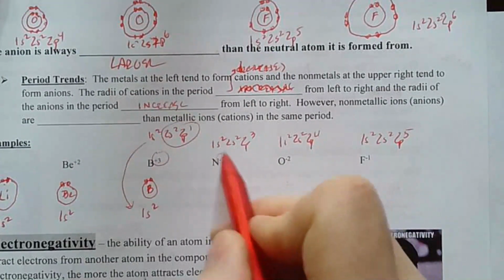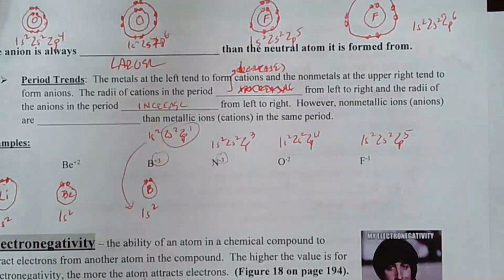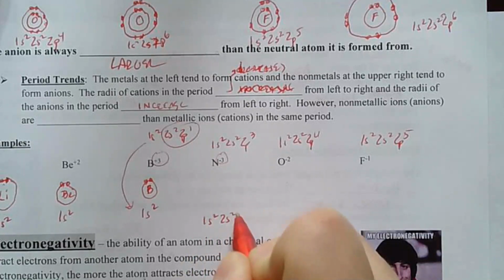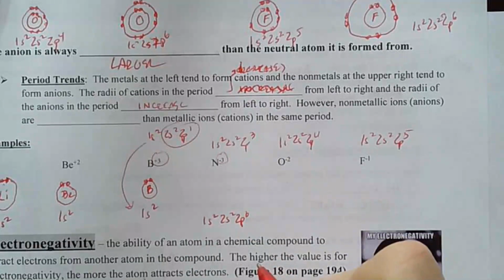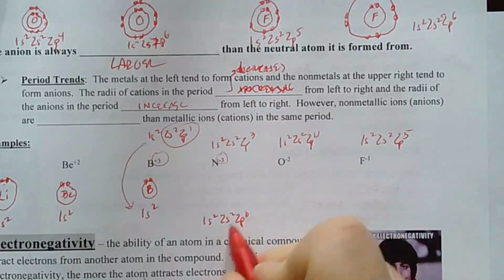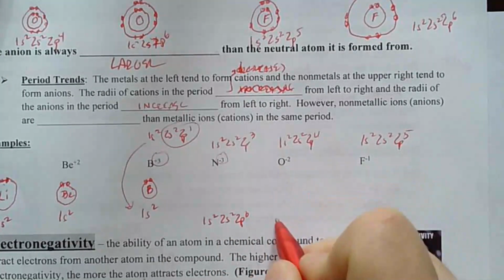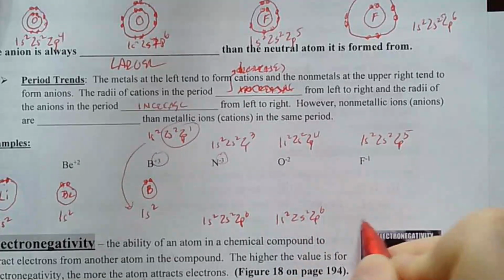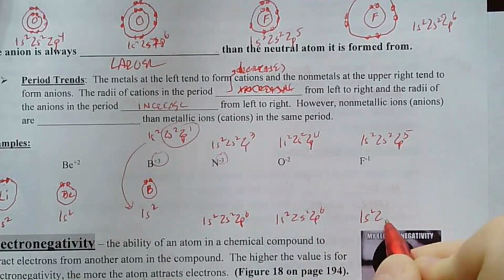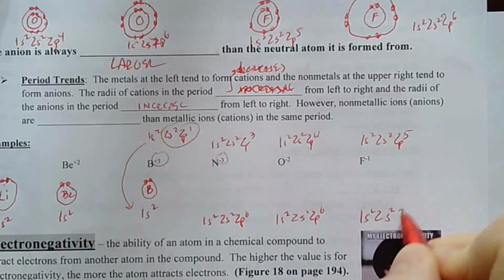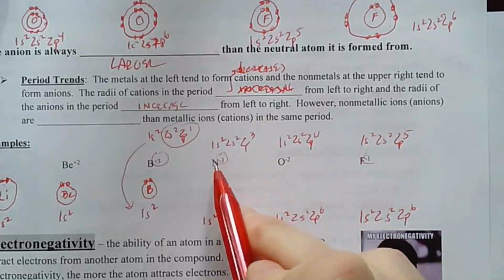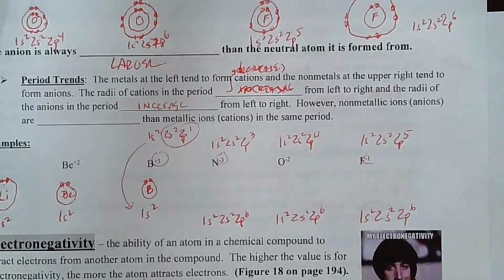This -3 says that it's gaining 3 electrons. So the electron configuration of the nitrogen ion, or the nitride ion, is going to be 1s2, 2s2, 2p6. The oxygen is going to gain 2 electrons to complete its outer shell, and the fluorine is going to gain 1. That's why this forms a -3 ion, this is a -2, that's a -1.